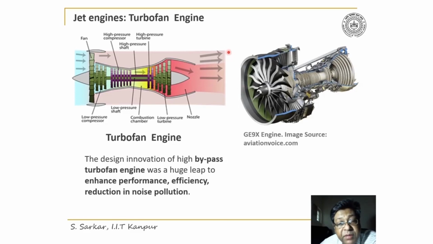So here part of the thrust comes from the exhaust jet and part from the large fan. That's why it's a combination of turboprop and turbojet engine.